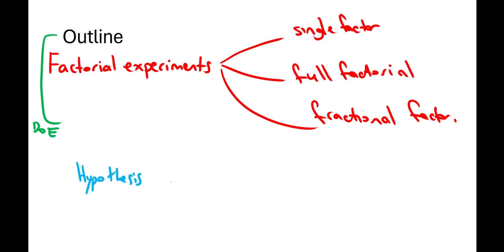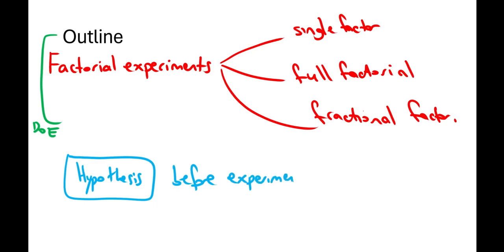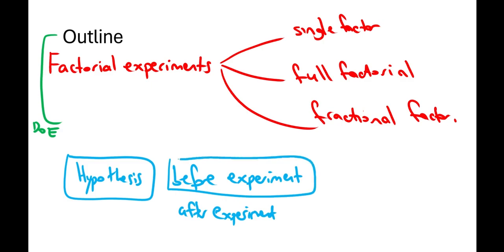Okay, so as you know, before the experiment you have some hypothesis, and after the experiment you have also some hypothesis. The idea is that we have to check the hypothesis before the experiment.